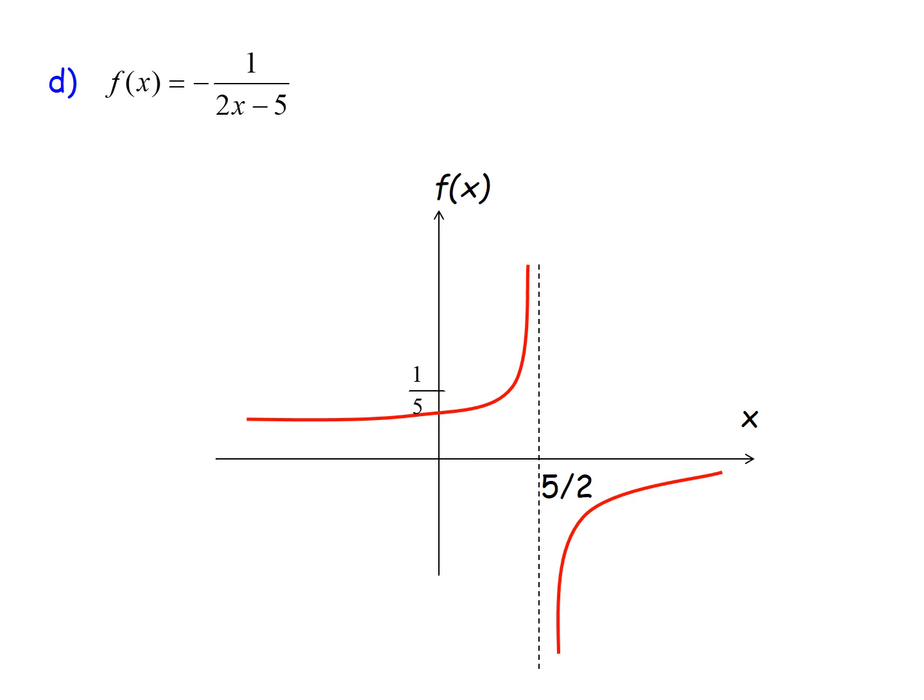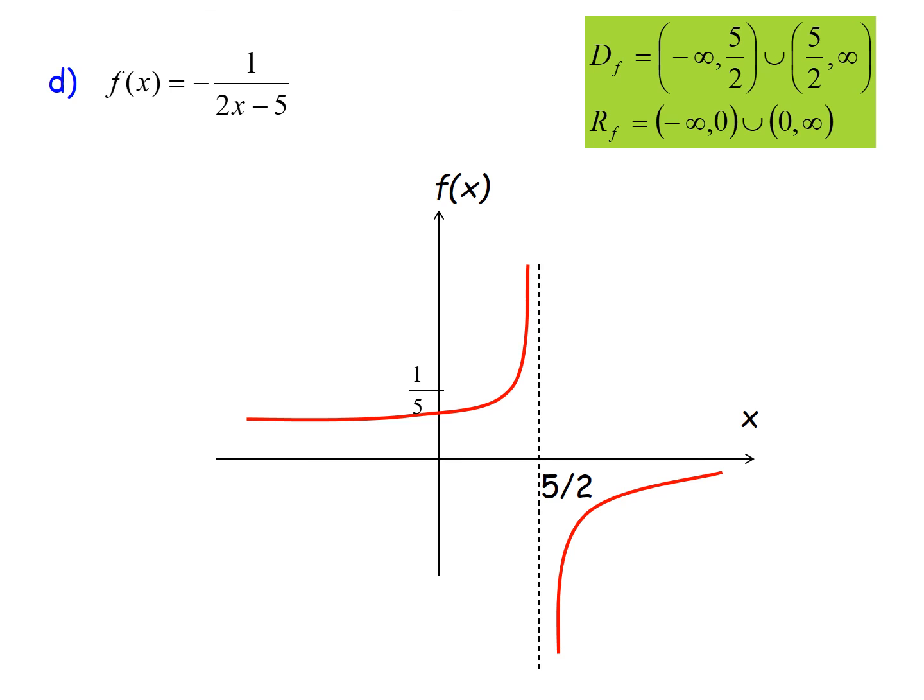Below can expand, and above can also expand to positive infinity, but we cannot touch the x-axis, which is y equals 0. So the range is (negative infinity, 0) union (0, infinity).